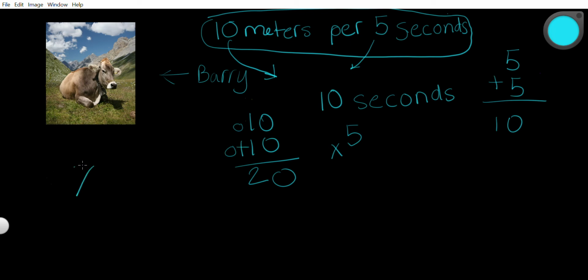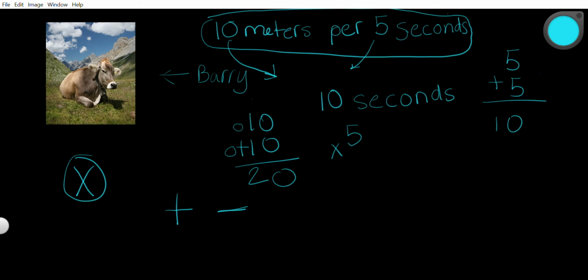In multiplication, let me introduce you to a new sign. I think many of you have seen the adding sign and the subtracting sign, but this is a new sign. That's the multiplying sign. When you get to higher math, you're going to learn that this sign has many different forms or meanings.